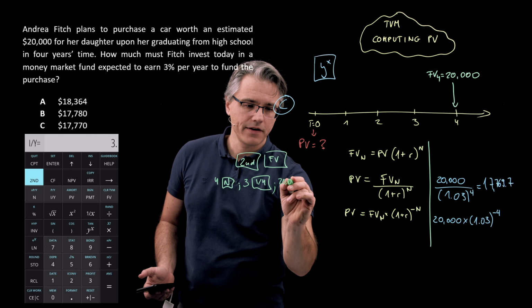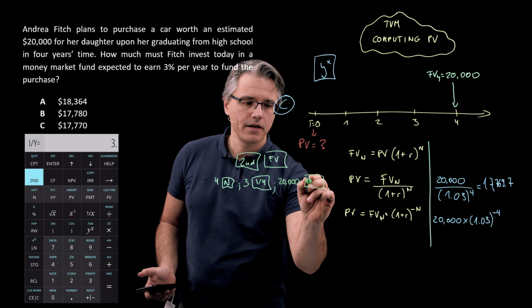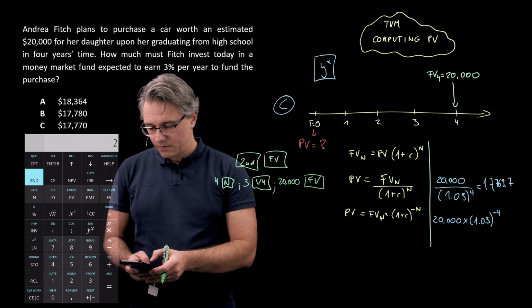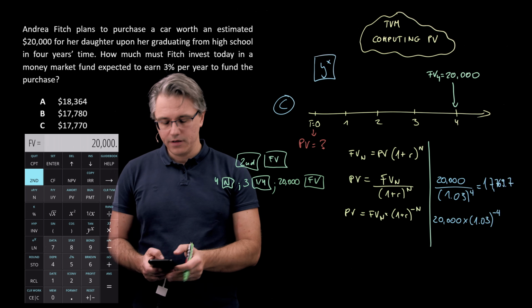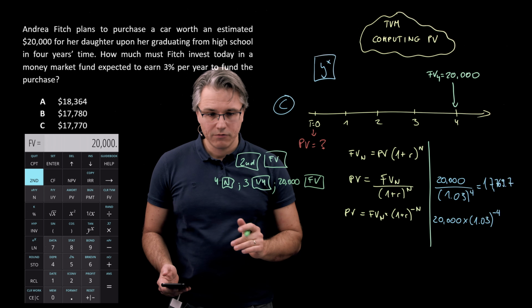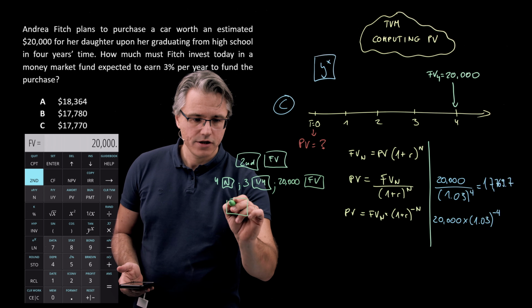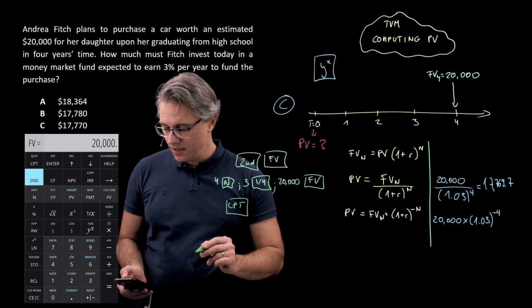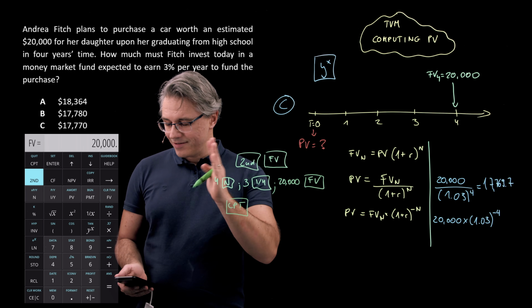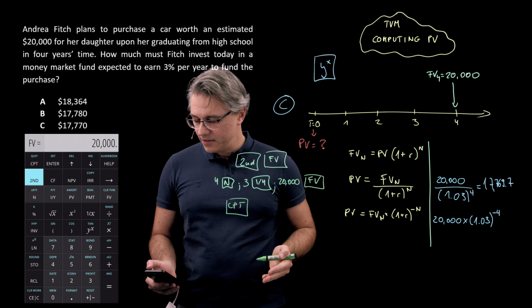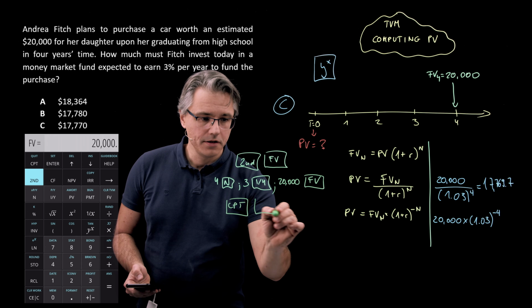So that's 20,000 followed by the FV key, 20,000 FV. Okay, perfect. Now I want my calculator to perform the computations. So that's the CPT key right next door to enter, and above it, second CPT, followed by PV.